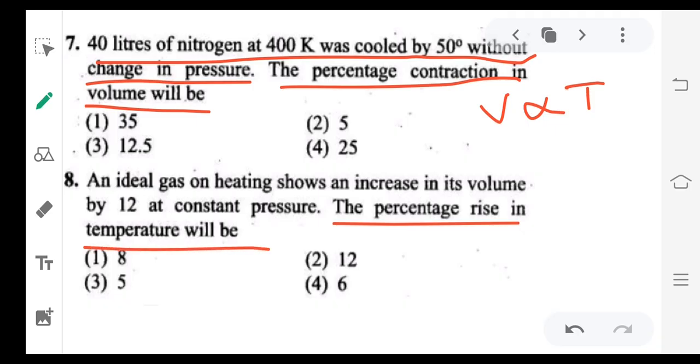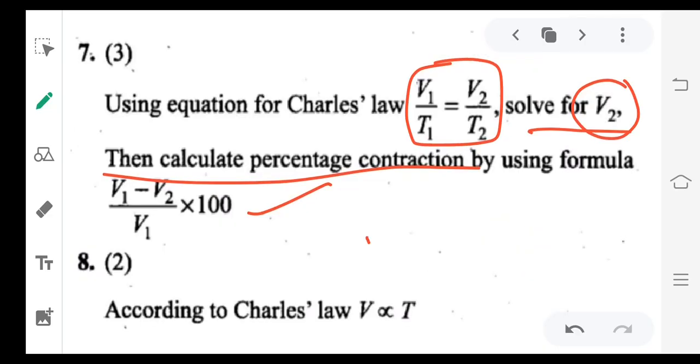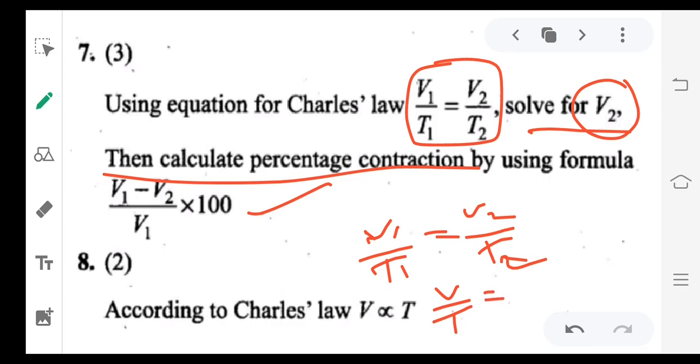The same formula applies, V directly proportional to T. Suppose V1 is V, T1 is T, V2 is 12V, and T2 you can calculate.